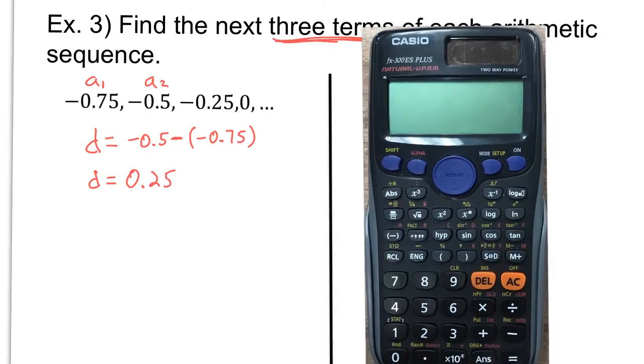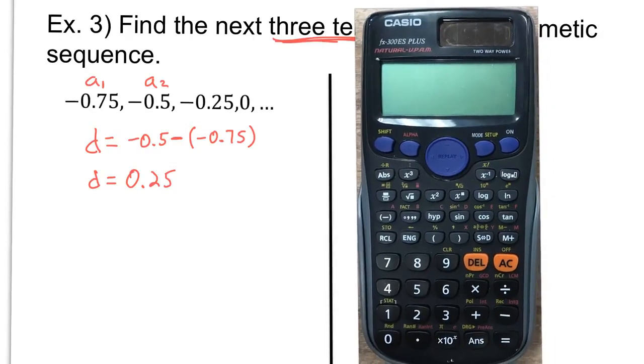So let me just move the calculator a little bit up, and you have the decimal button here. We have the negative button here. The minus, students get confused with the minus and the negative. If you put a negative, you press the negative button for the minus and then the negative again for the negative, sometimes the calculator won't give you the answer. It's going to give you an error.